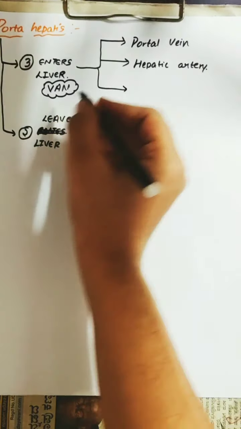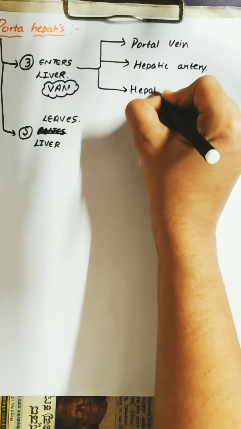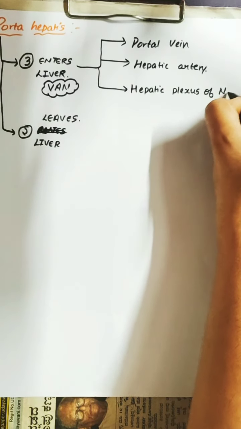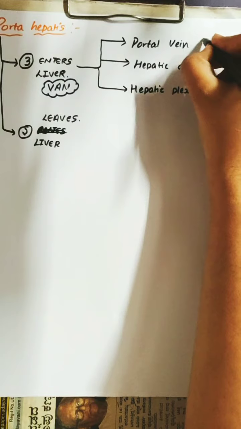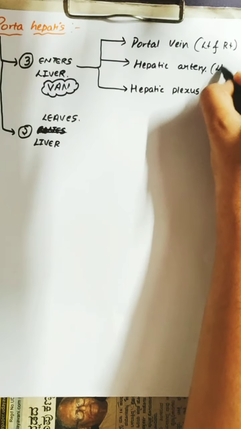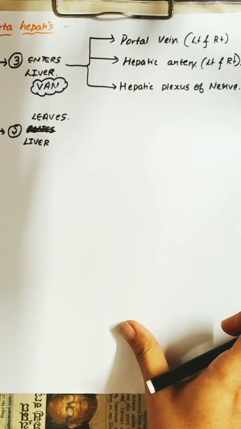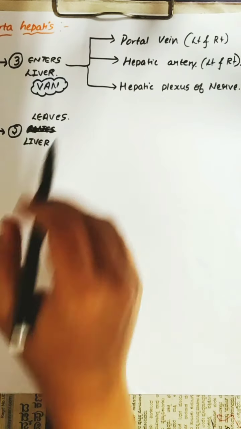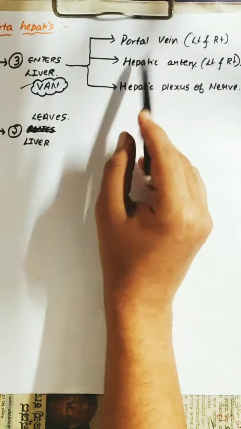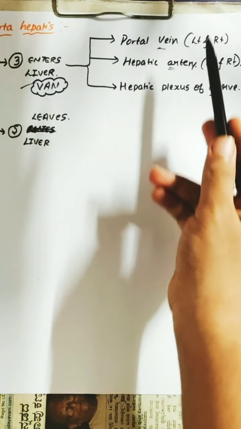Instead of that, there is a nerve called the hepatic plexus of nerve. The portal vein has a left branch and right branch. The hepatic artery also has a left branch as well as a right branch. Porta hepatis has three structures entering the liver: VAN mnemonic, portal vein, hepatic artery, hepatic plexus of nerve. Both have left and right branches.